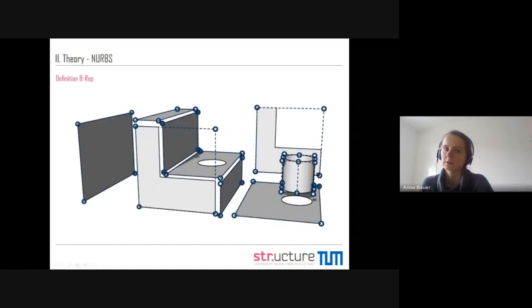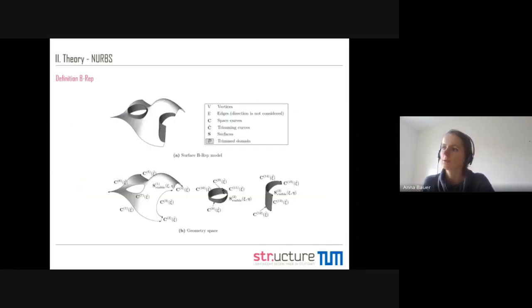And the second thing is the definition of a B-rep. As CAD models typically consist of several surfaces, we have to be able to identify the connections between them and generate the B-rep as well. This works by having the untrimmed surfaces and then some curves which define the boundaries of those surfaces.